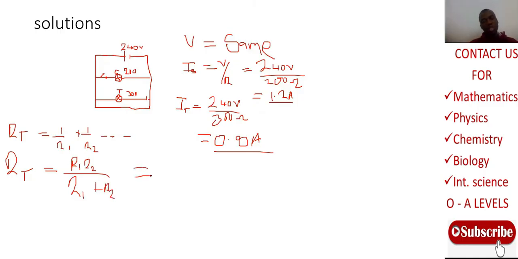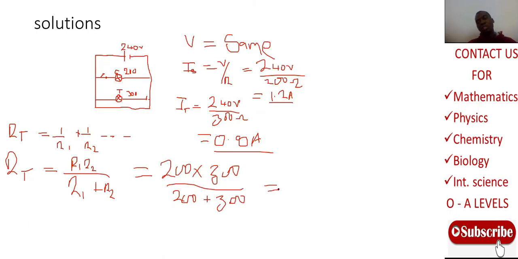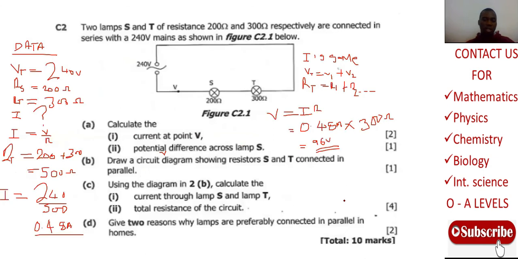So in this case, R1 is 200, multiplying with 300, over 200 plus 300. The answer, punching on the calculator, will give us 120 ohms. And there we have our final answer.